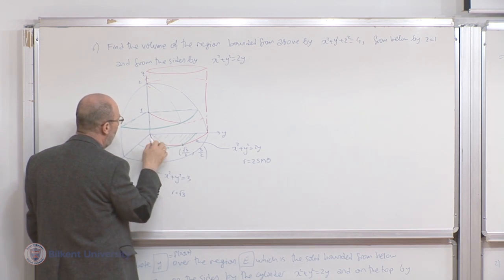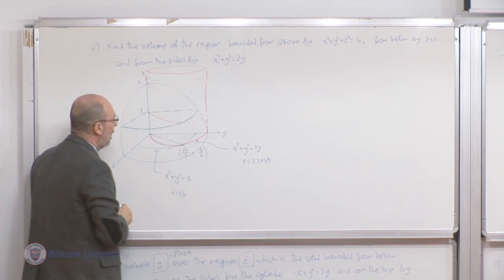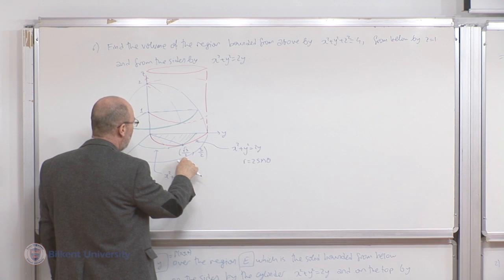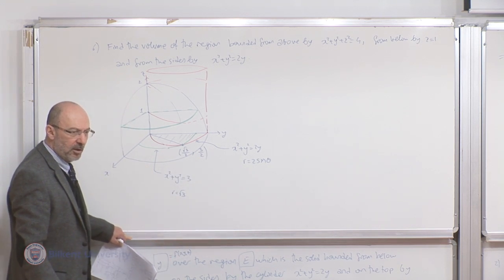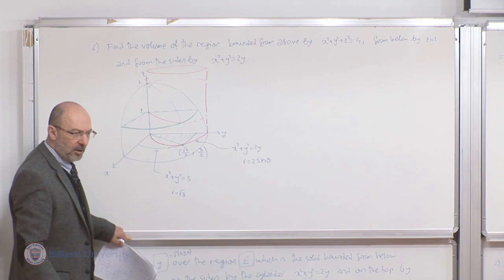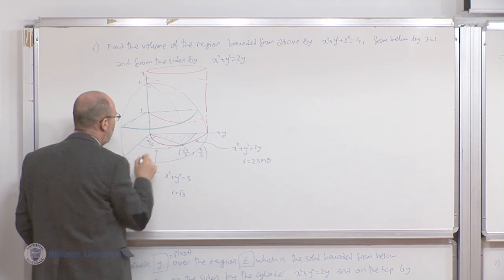So let's also find that angle. The tangent of this angle is this number divided by this number, which is 1 over square root 3, so that is 30 degrees. So this angle is pi over 6.